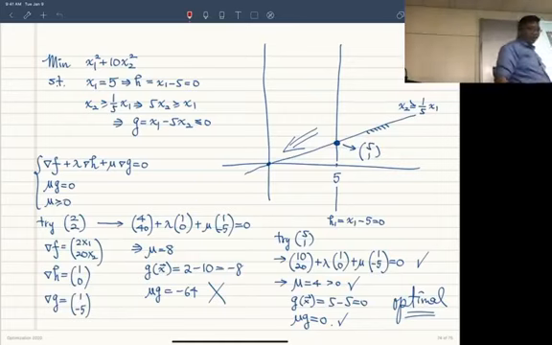Sorry, this is streaming, so it's going to delay for 10 seconds. Okay, so you just need to follow what I did earlier. But in my case, I only work on 1 inequality constraint.